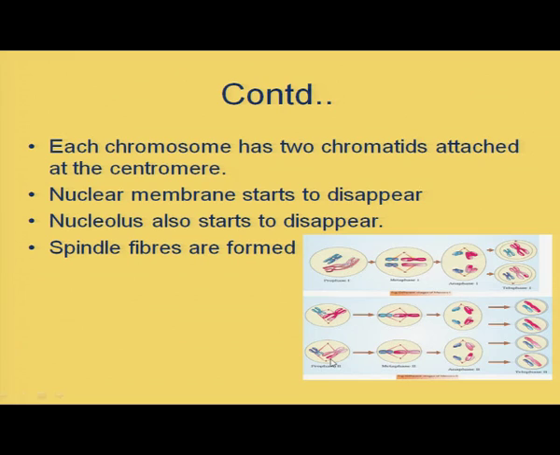So, this is the prophase 2. 2 chromosomes we can see here, that means 2 univalents, and each univalent has 2 sister chromatids attached at the centromere portion. Nuclear membrane starts to disappear, nucleolus will also start to disappear, and spindle fibers are formed. So, this particular stage is prophase 2.